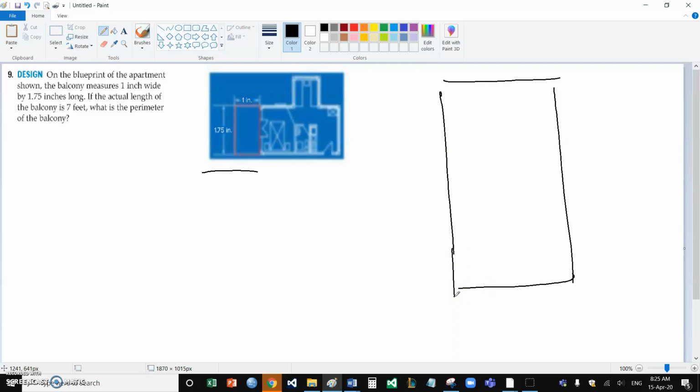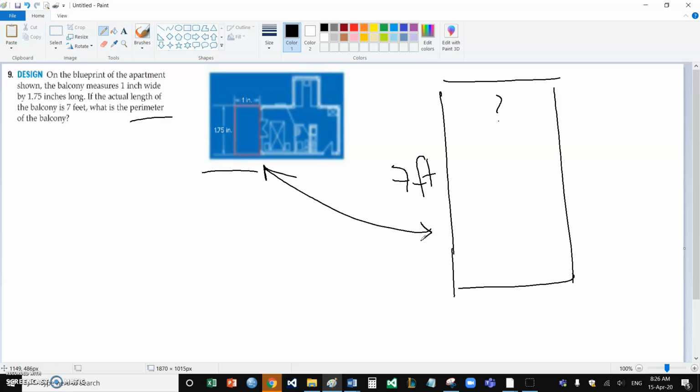It says that the length of the balcony is 7 feet, and we want the perimeter of the balcony. To calculate the perimeter, we need the width. To do that, since these two are similar, we need to find the scale factor and find x.